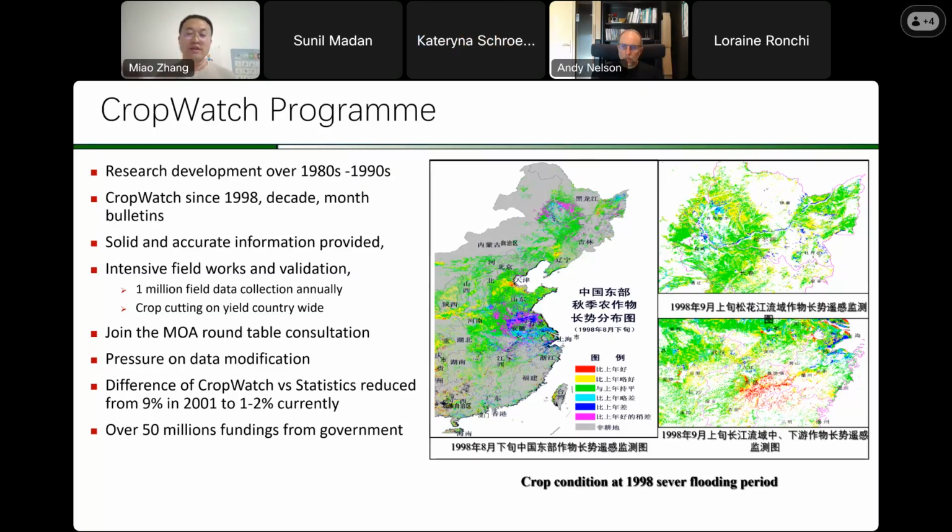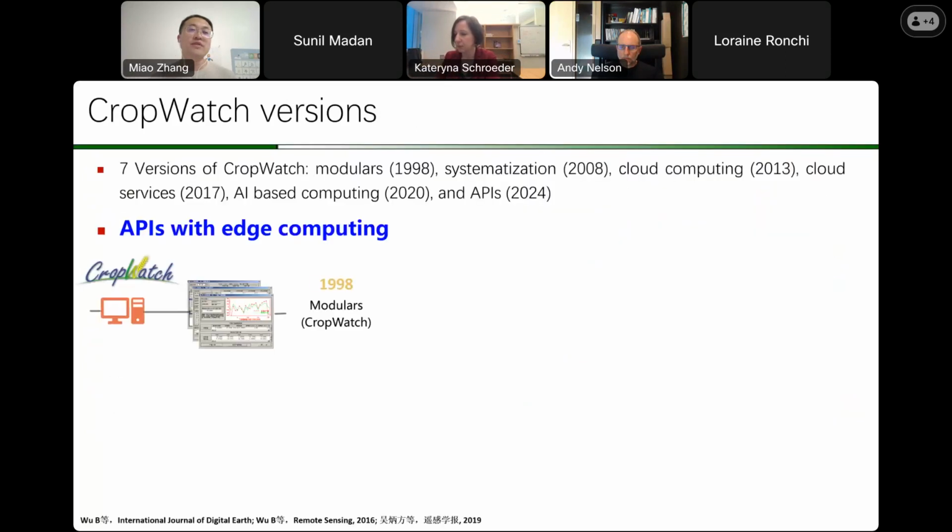Like some regions in the north had high production, and the government decided to transport more production from that region to other regions where there was a significant crop loss. So these really provided very timely information for the government to make science-based decisions. So these are our experiences.